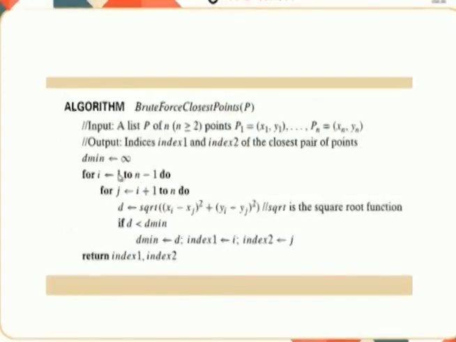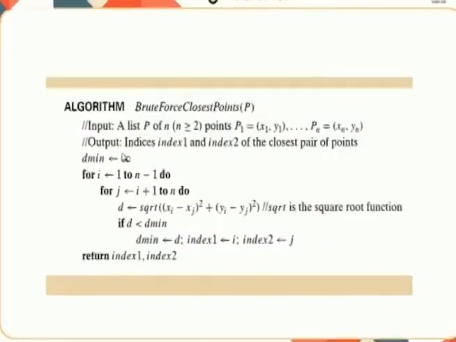Now for these points I am going to compute the Euclidean distance, and that Euclidean distance I am going to store as D. I already initialized d min as infinity, and if this d is lesser than d min, then I am going to update the minimum distance, and also I am taking note of that particular point i as well as j.